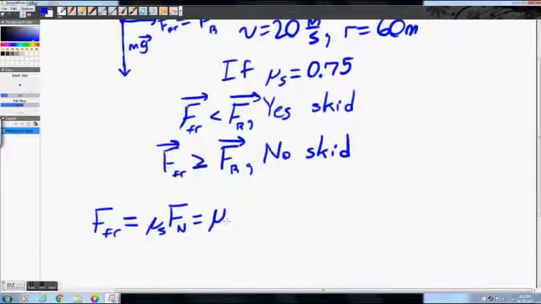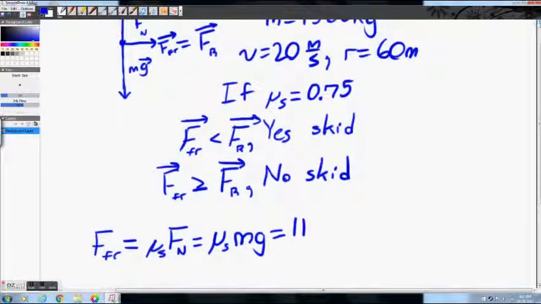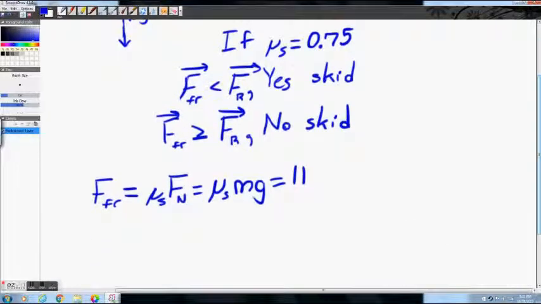Let's go ahead and get started solving this problem. We need to find the maximum force of friction that the pavement can provide, and that is just the force of friction, mu s Fn. In this case, because the ground is flat, Fn is mg. So we put that into our calculators: 0.75 times mass of 1,500 times 9.80.